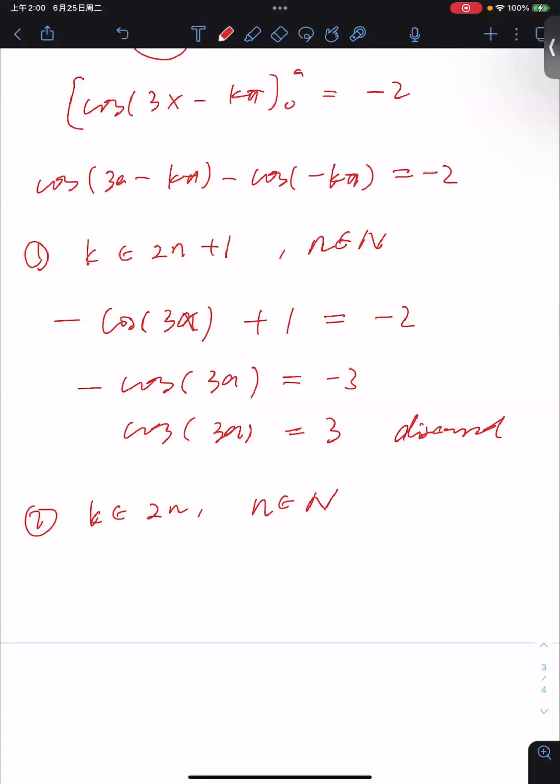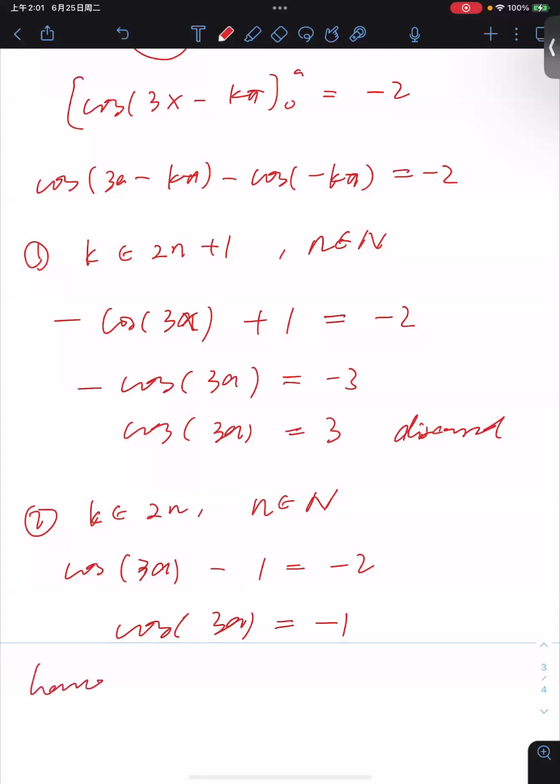And negative 2n pi is the same as 0 for the sine and cosine. So it's just cosine 3a and then minus cosine 0, which is minus 1, equal to negative 2. So cosine 3a is equal to negative 1. And yes, we can find the answer when k belongs to the even numbers.